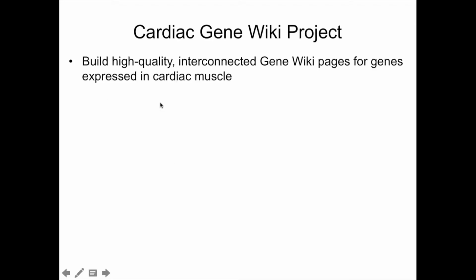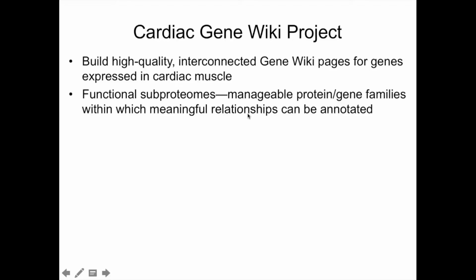In order to appeal to domain scientists in the cardiovascular realm, we wanted to first build a strong representation of high quality interconnected GeneWiki pages for genes expressed in cardiac muscle, with the idea that this will elevate this resource in the eye of domain scientists and attract them to this resource.